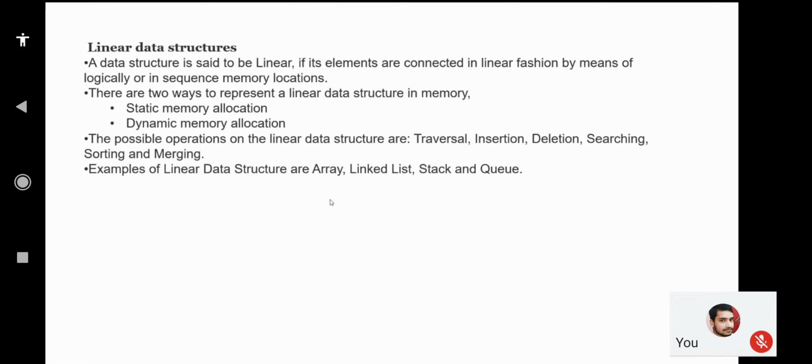You can sort all the elements in either ascending or descending order, or you can merge two data structures. Suppose we have a data structure D1 and another data structure D2. We can merge these D1 and D2 also. And the examples of linear data structure, as I have already said, are array, linked list, stack, and queue.